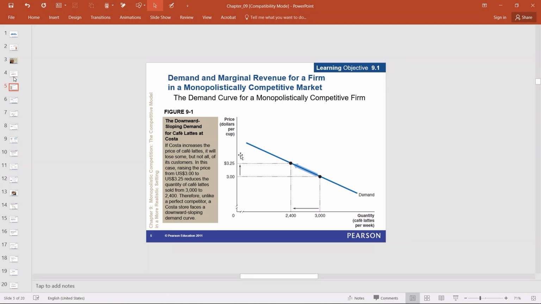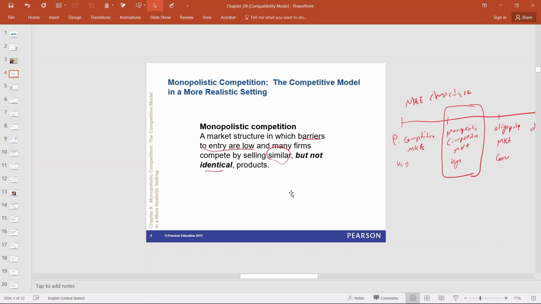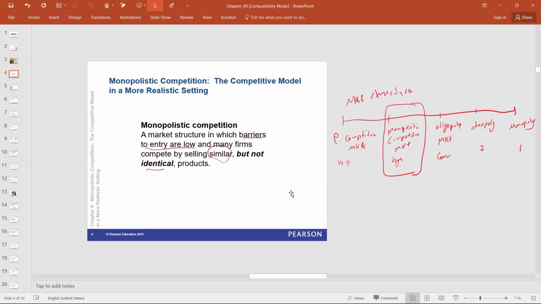which means that consumers buy less at higher prices and they buy more at lower prices. So the demand curve in a monopolistic competitive market is different than demand curve in perfectly competitive market, as we saw when we studied perfectly competitive market. The demand there was flat.